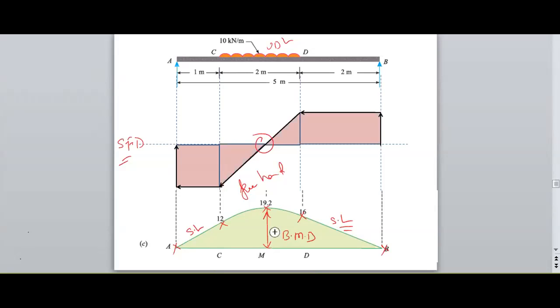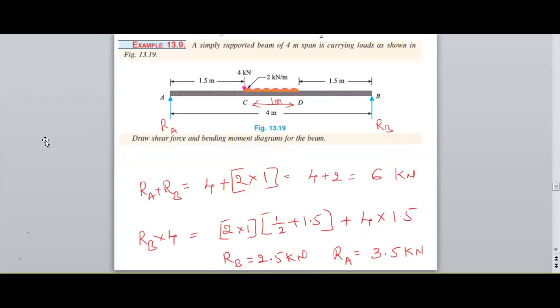Both loads, a point load and a UDL, exist on my beam. So a combination of UDL and point load may exist on my beam. So how to solve this, we need to discuss.